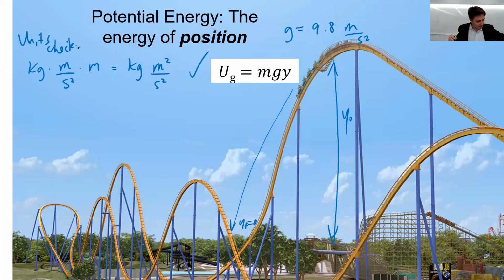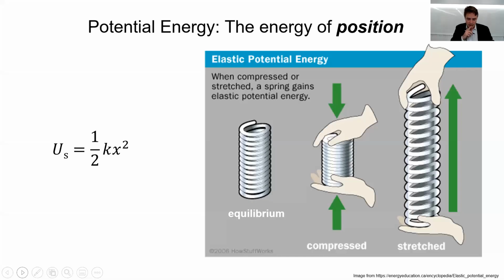What else do we have? Oh, there's also spring. This was introduced in chapter 7. The energy of position, elastic potential energy of a spring. U sub S is spring elastic potential energy. When you compress a spring, it gains elastic potential energy.